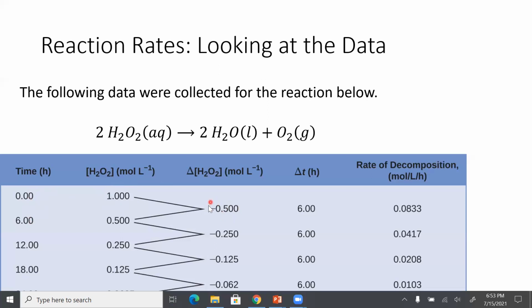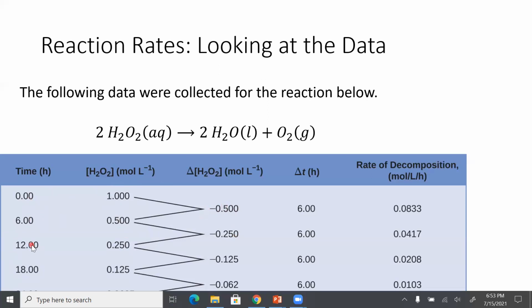Okay, the negative sign because we're consuming hydrogen peroxide. So if we go from 6 hours to 12 hours, the concentration goes down again, but the concentration goes down less during this time interval than during the first time interval.